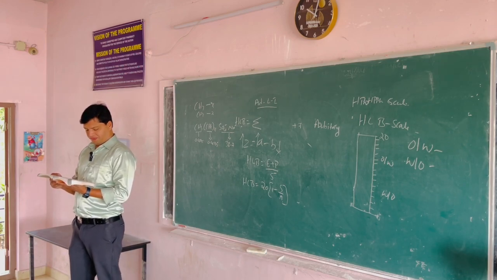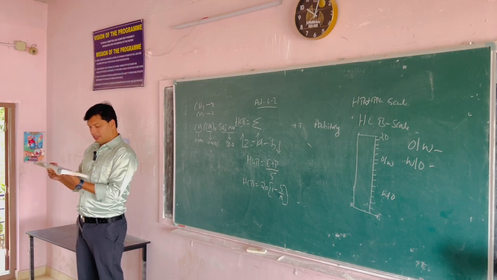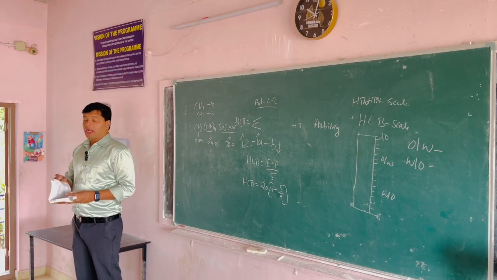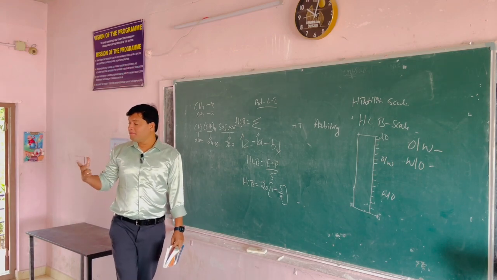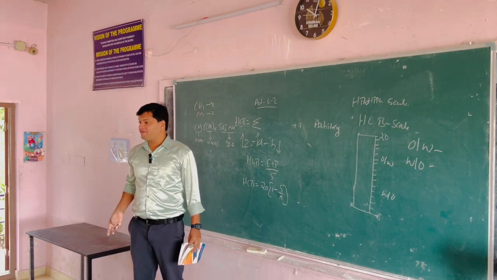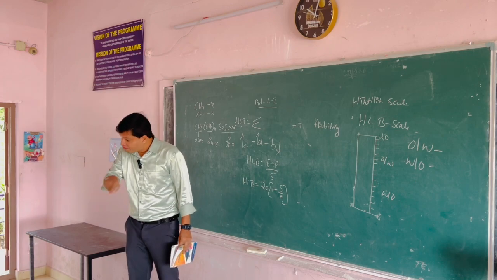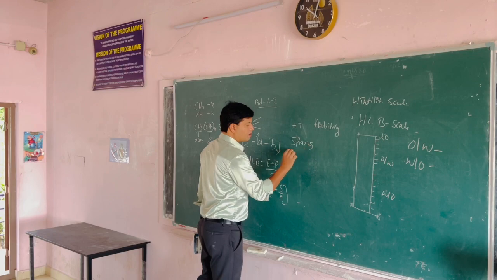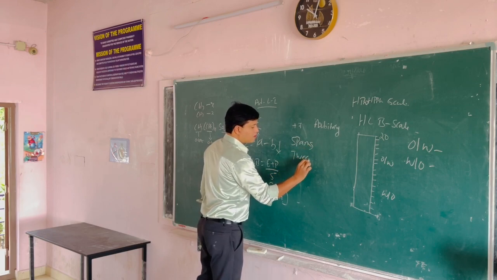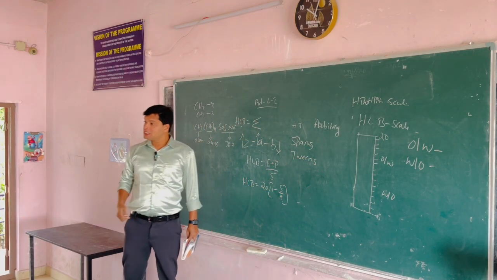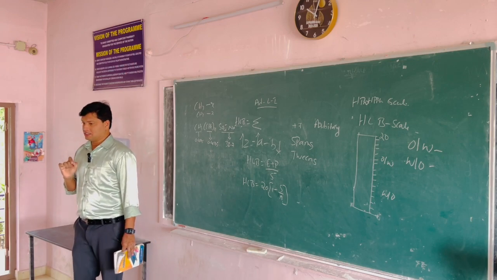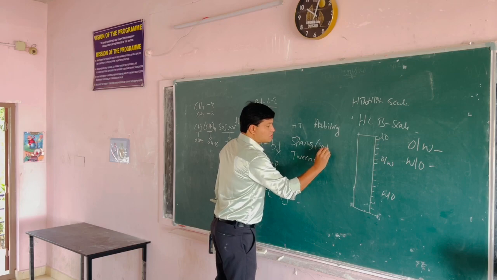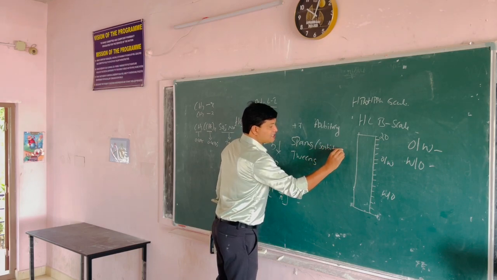Okay, I forgot the main thing. There are two main surfactants which you will hear from now: Spans and Tweens. We are going to listen to this. What are Spans? Sorbitan esters.